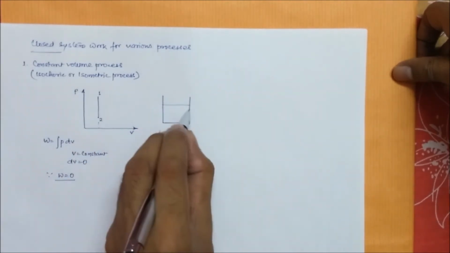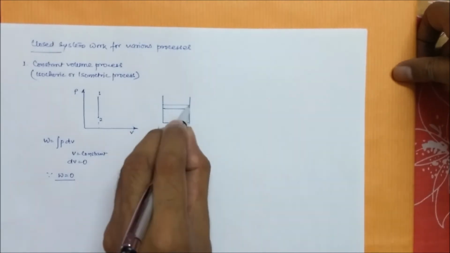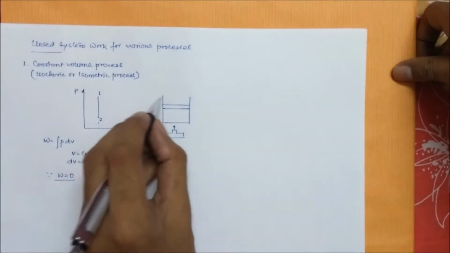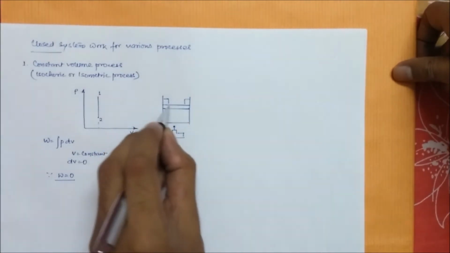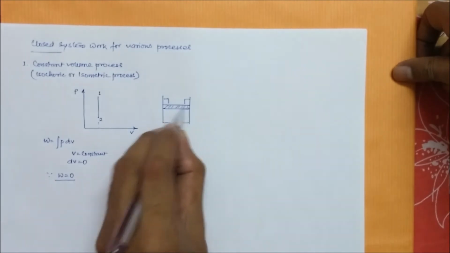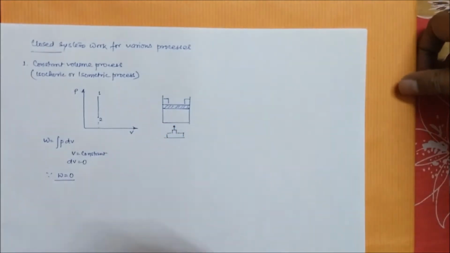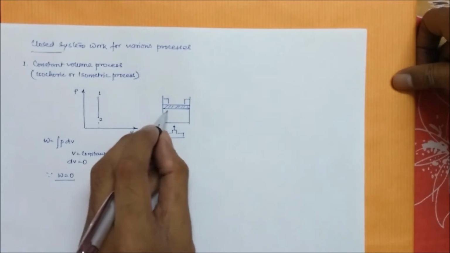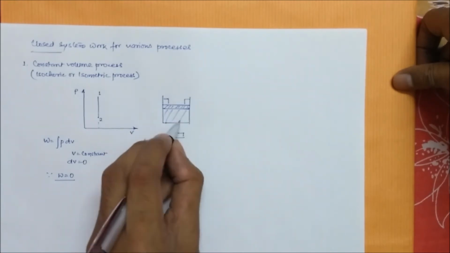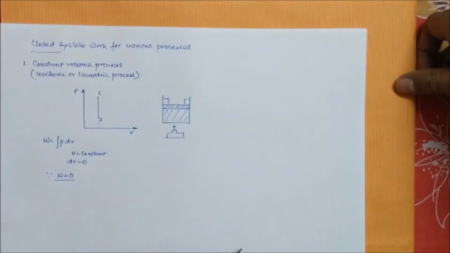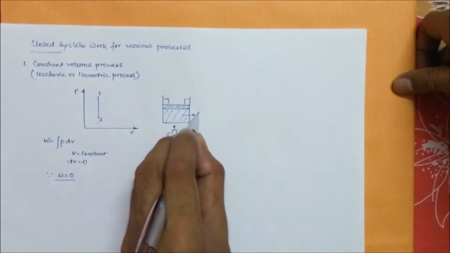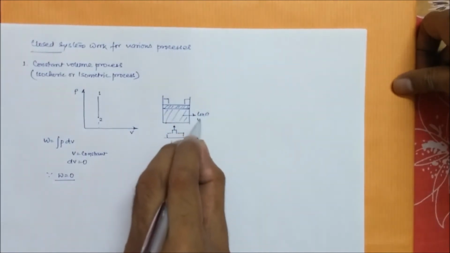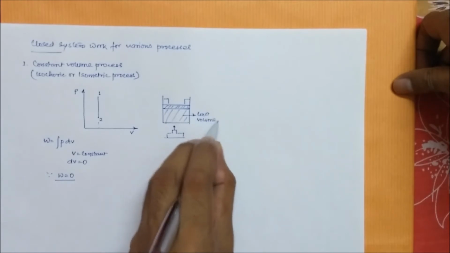There is a piston in this arrangement, and there are some stoppers which will stop the piston from moving up. So it will have a constant volume, and this represents a constant volume process.